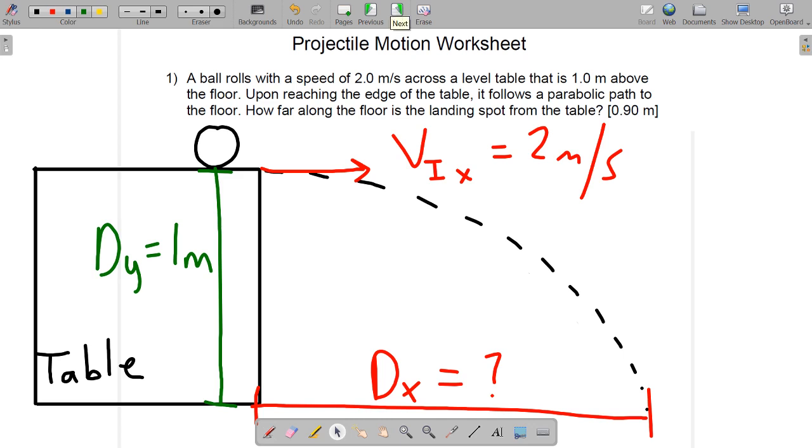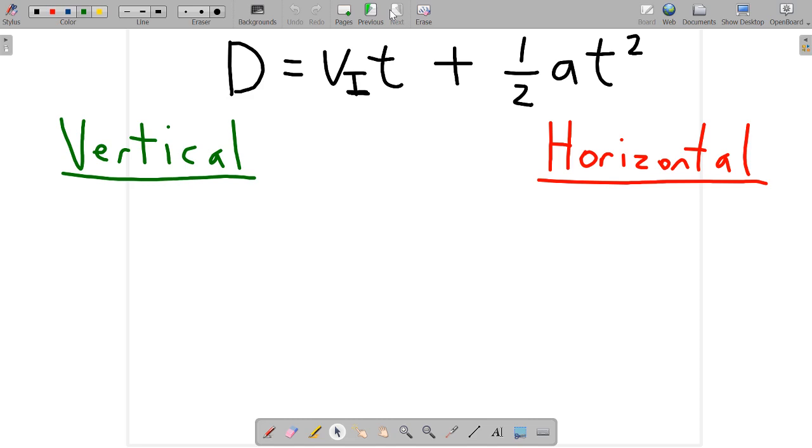Now, whenever you're working out these problems on this first page, this is the main equation you're going to need: the displacement equation that we derived at the start of the school year. Using this displacement equation, you can work out these first 5 problems easily. Now remember, in all of these situations, we're treating the y component as if it's independent of the x component.